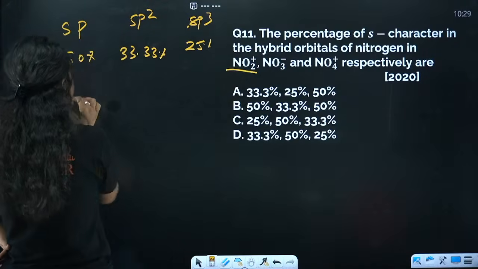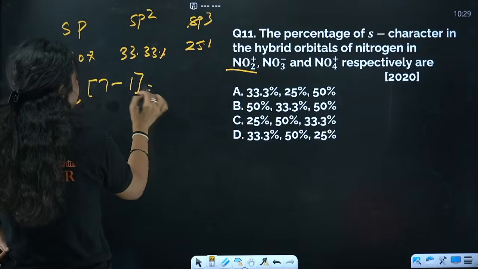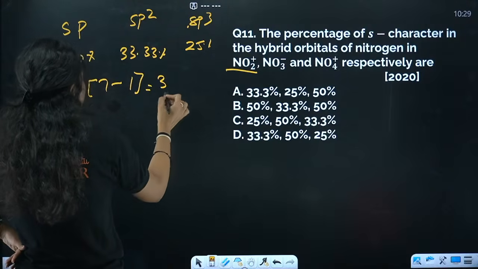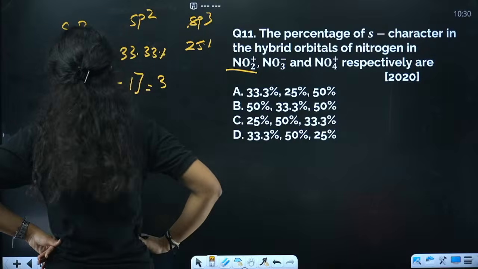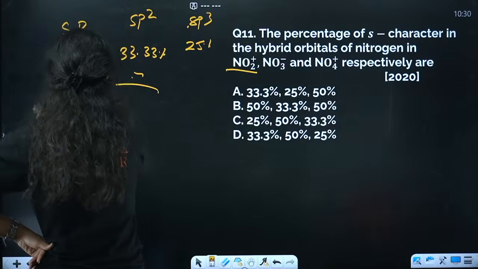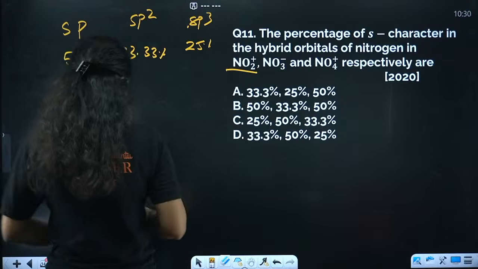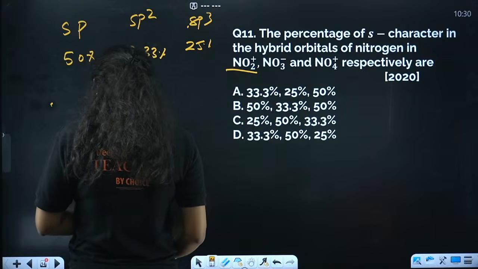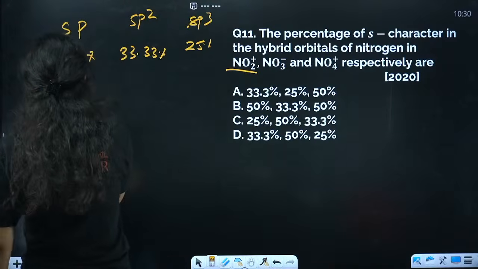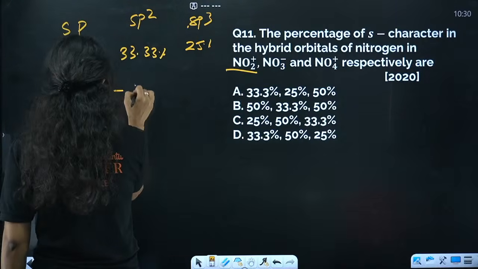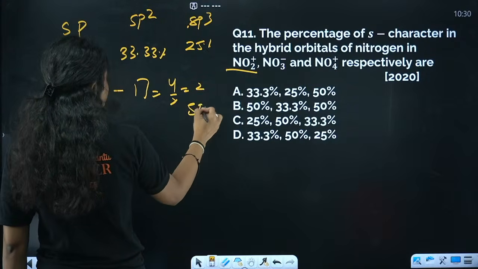So for NO2 positive, I am calculating half of 5 minus 1, which is 4 by 2, which is 2. 2 means the hybridization is sp.